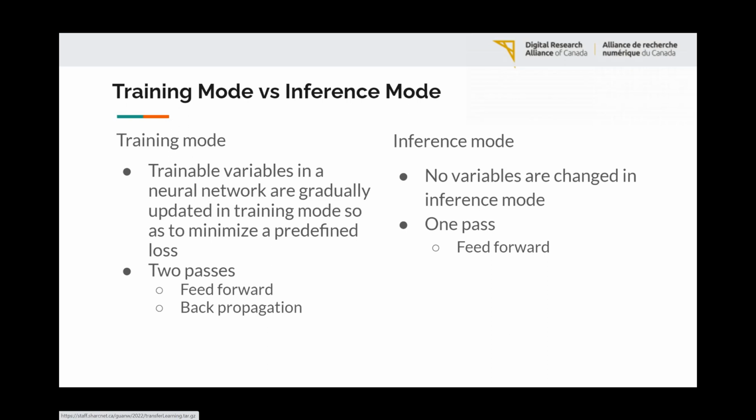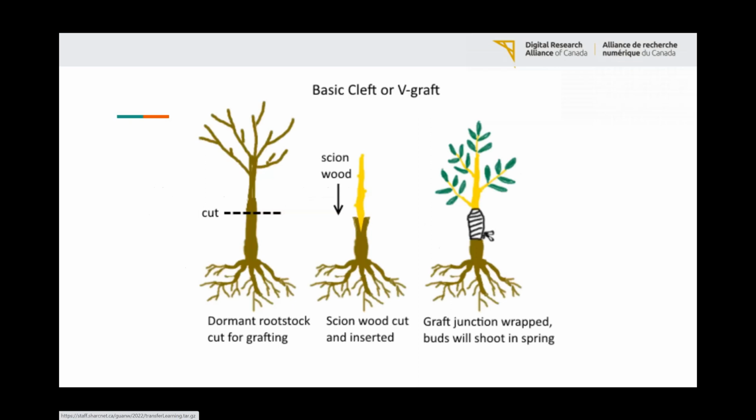And training itself is a process in which the trainable variables are altered gradually or iteratively to minimize a predefined loss function. So once it is well trained, you can put it in production. So that's the general procedure to do deep learning.